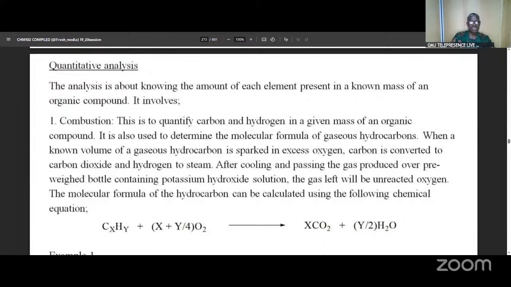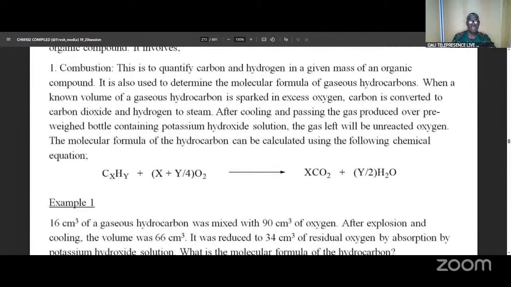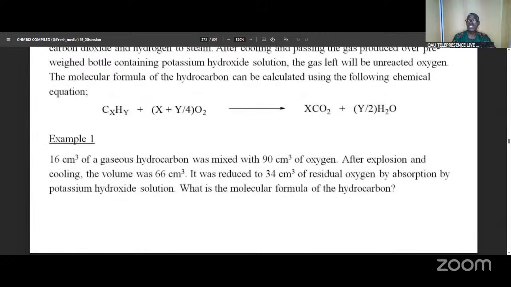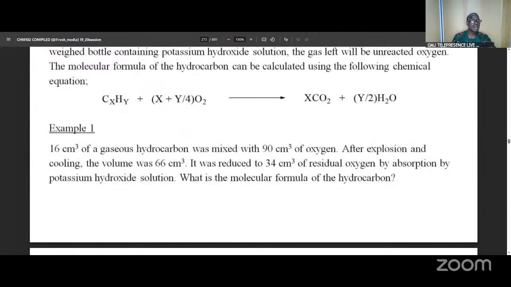Of course, I know you know this. So after cooling and passing the gas produced over a weighed bottle containing potassium hydroxide solution, the gas left will be unreacted oxygen. And the molecular formula of the hydrocarbon can then be calculated using the following chemical equation.